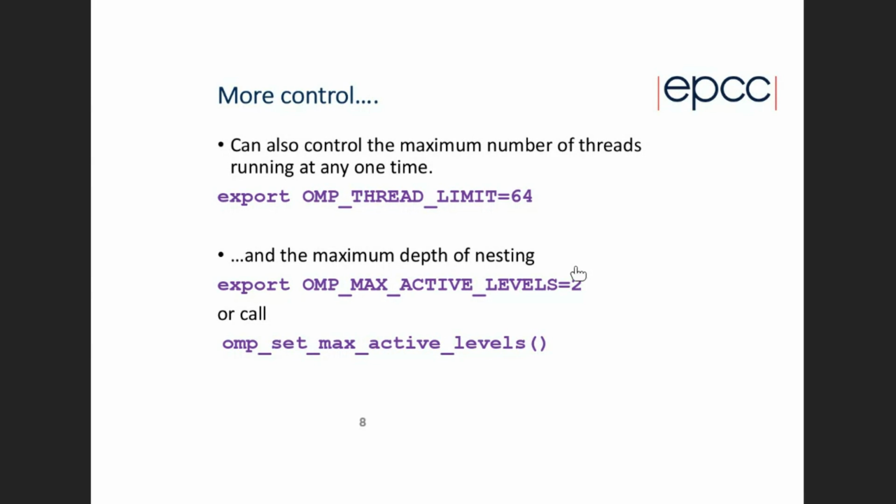You can also control the maximum depth of nesting that's allowed. You can set an environment variable or make a runtime library call to affect the number of active levels of parallelism. Below that depth of nesting, the code will still work, but nested parallel regions will execute on a single thread.